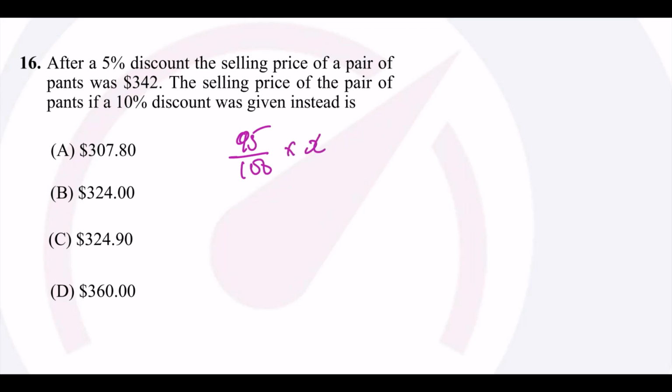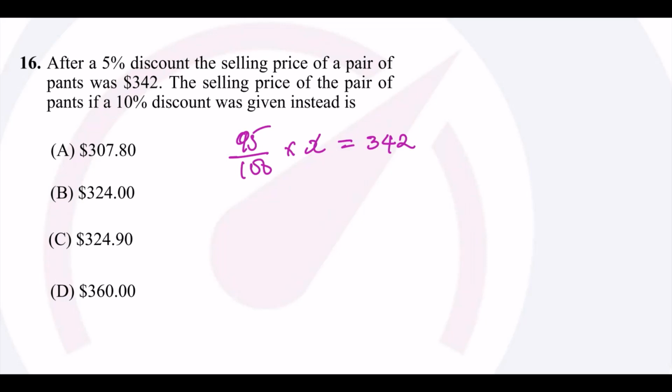I'm going to call it X. We don't know what that number is. It's going to give me 342. So if I can find that number first, then I could figure out what is the 10% discount of that number instead. So let me find what that original number is.